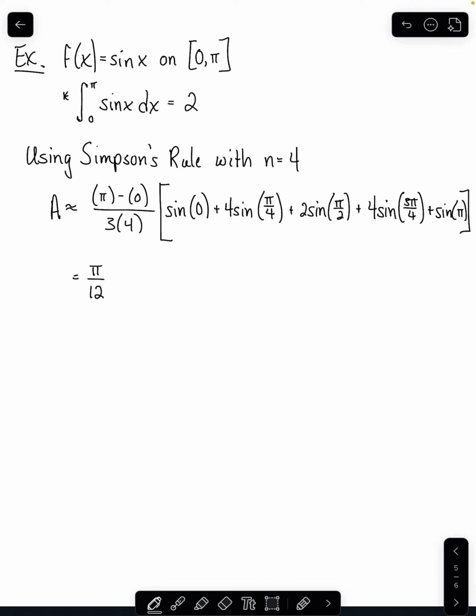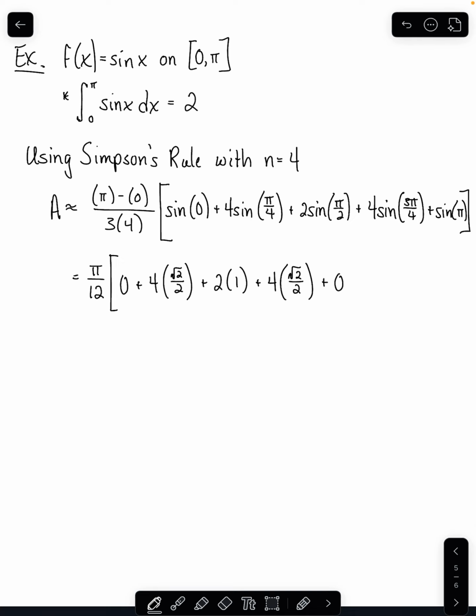So we have pi over 12. The sine of 0 is 0. The sine of pi over 4 is root 2 over 2. The sine of pi over 2 is 1. The sine of 3 pi over 4 is again root 2 over 2.